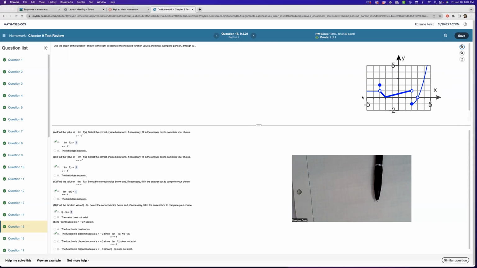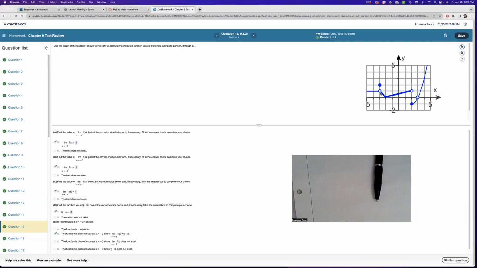We are following our function to -3 from the negative x part of our domain, and that y value is approaching 1.